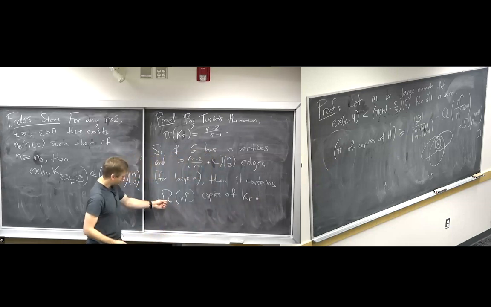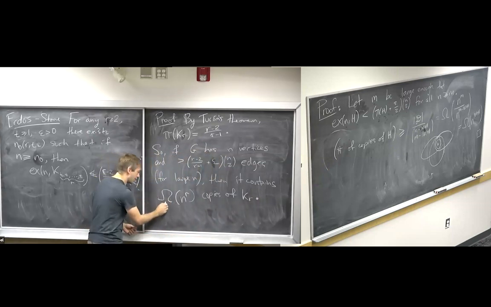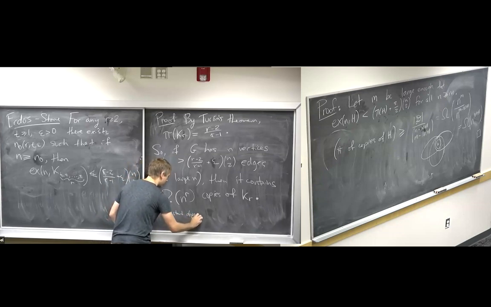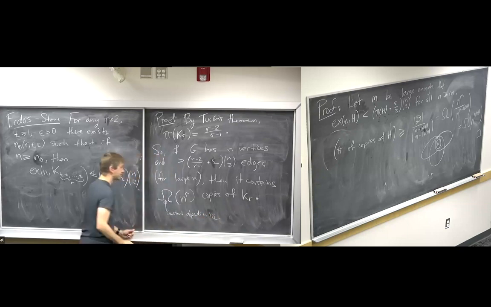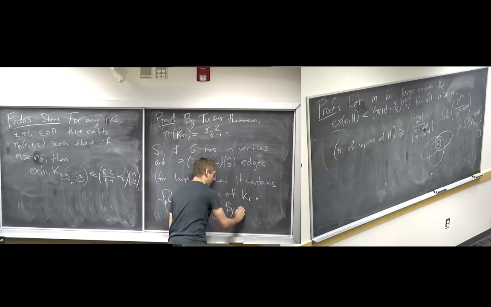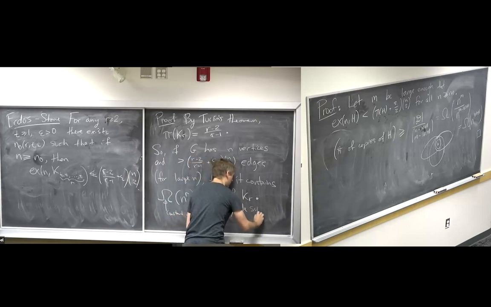So here the implicit constant depends on r and epsilon, I believe, right? This is just by the supersaturation theorem that we just proved.